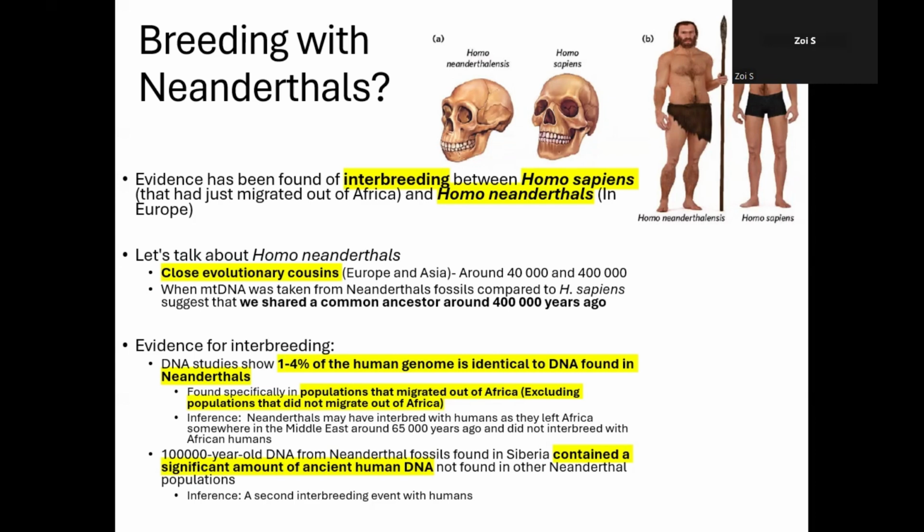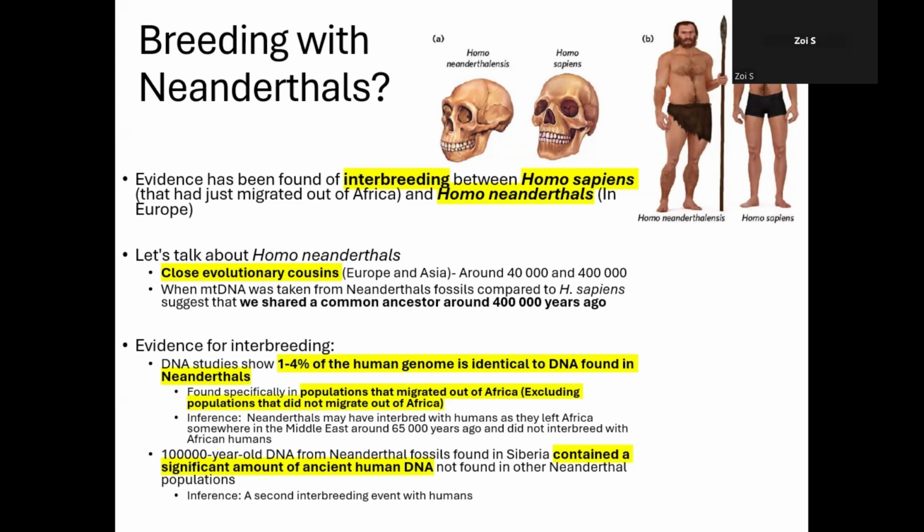The fact that there has been interbreeding happening between Homo sapiens that specifically had just migrated out of Africa and also Homo neanderthals that were basically around Europe or Australasia. What happened was that there was an interbreeding event.